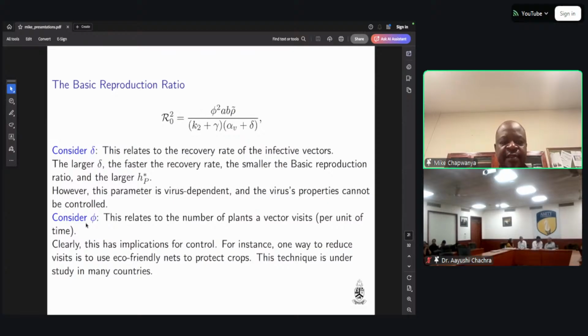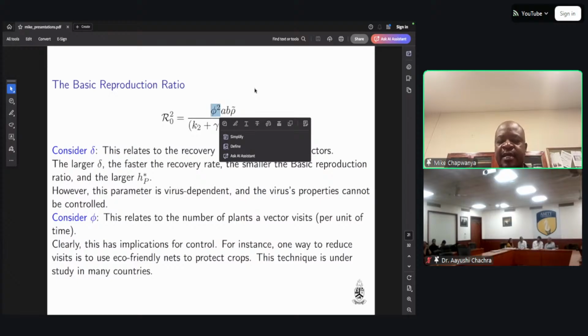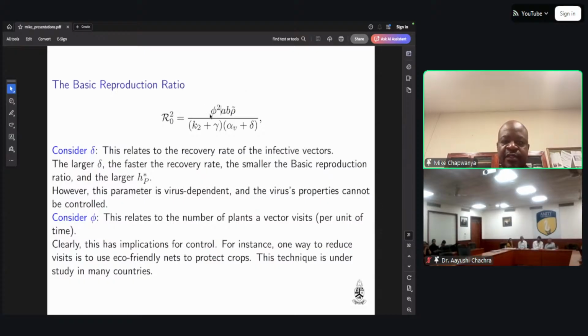You also have the phi, which appears in the numerator there. That's the contact between the vector and the plant. And you can see for you to actually reduce the disease, you have to reduce phi. And which means reduce the access of the vector to the plant, right, or the contact.